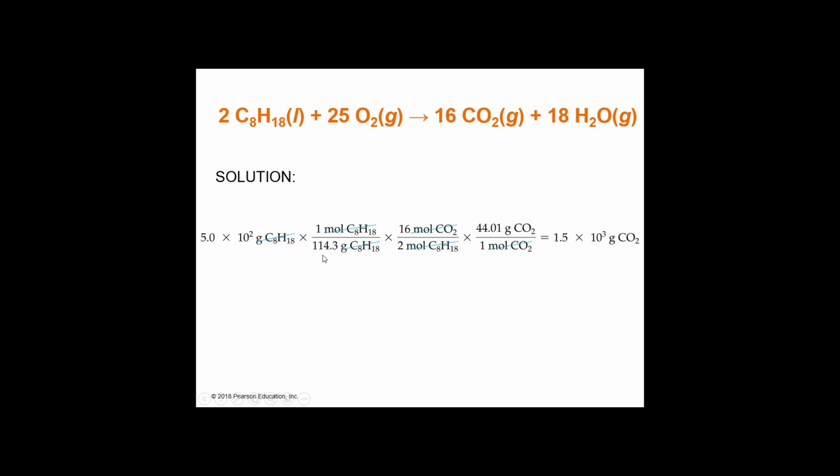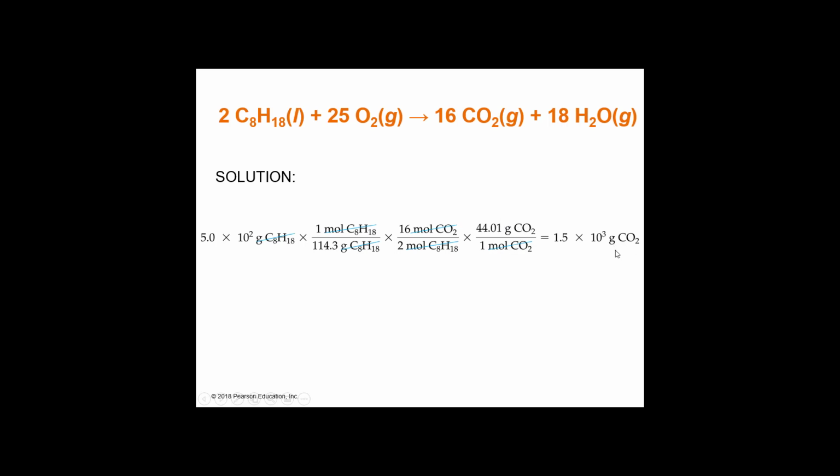So let's solve this problem. We have the mass that's been given to us. We have our molar mass, and if you see, we cancel out the octane, but we have 1 mole of octane. So now we do the ratio, and we set the octane on the bottom to cancel out the octane here. Now we're in CO2. We set up 1 mole of CO2 on the bottom because the units that we want are on top.